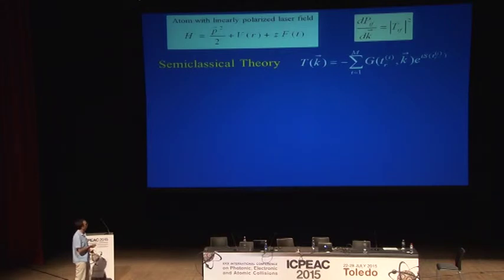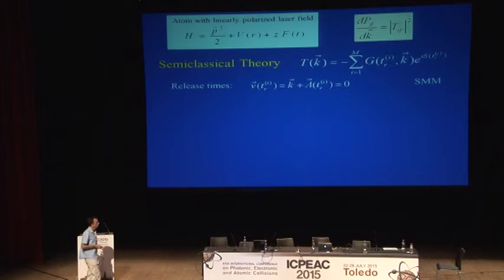We can do it through the simple man's model, which considers that the velocity at the exit of the tunneling is 0. So from here, we can just extract the value of the ionization times. Of course, there are other more complicated, more sophisticated theories which involve complex times. But this is enough for now.